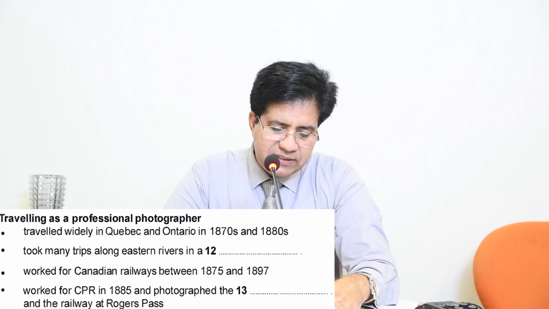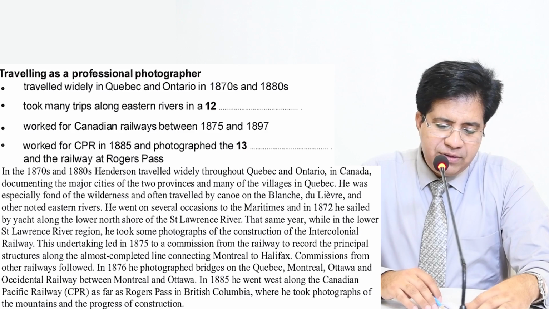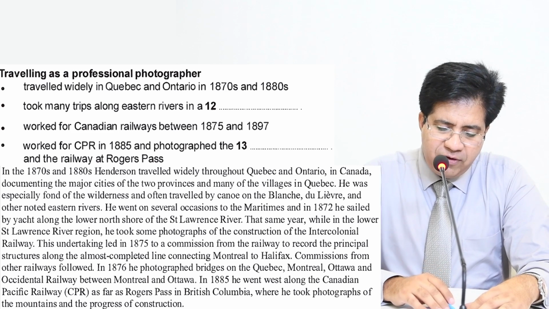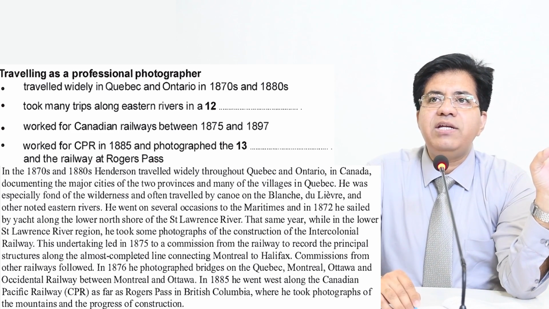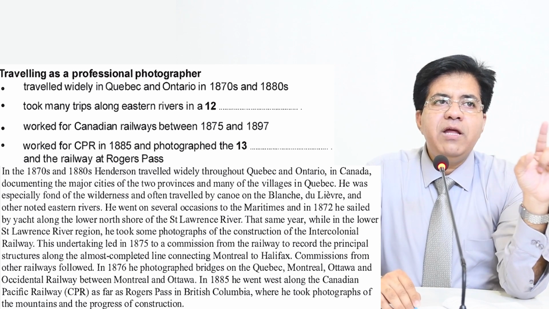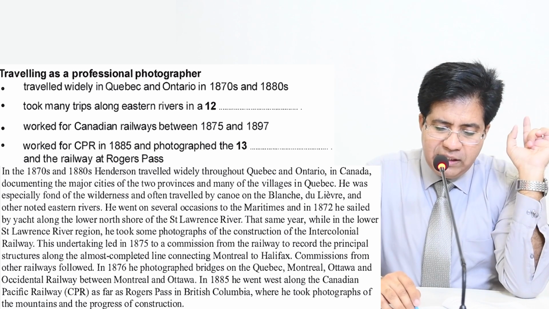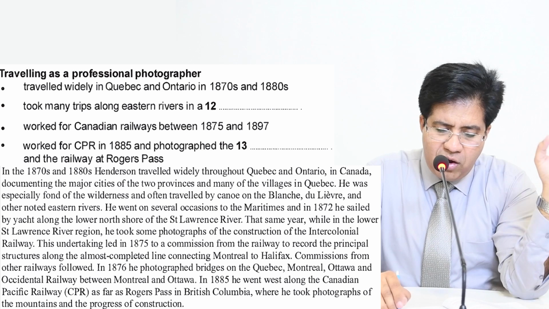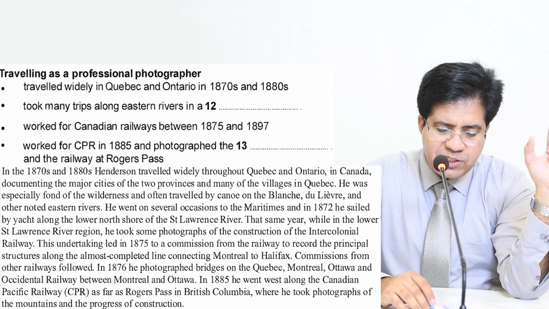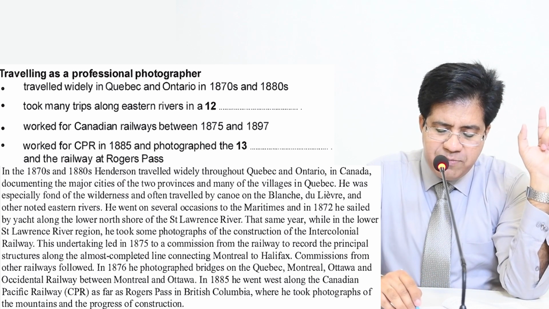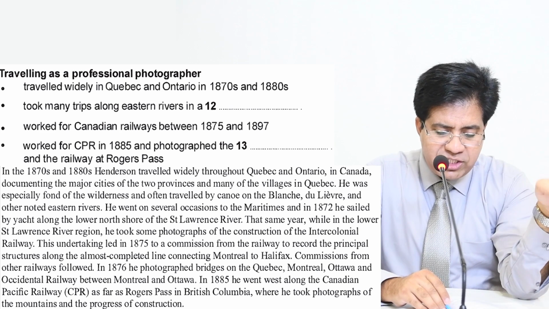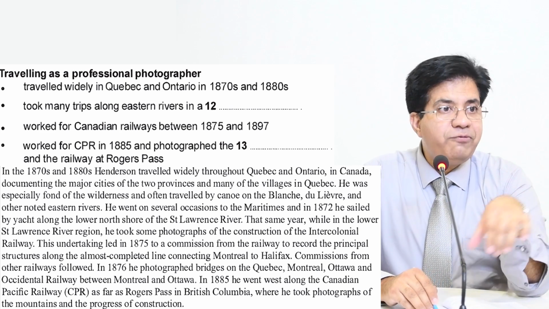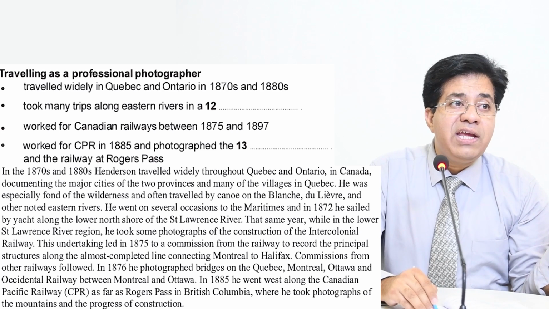Okay, it's the third last paragraph and third last line. We read from there. Let's read it from the third last line. In 1885. Found it? Did everyone find it? Keep an eye on your neighbours too, okay? In 1885, he went west along the Canadian Pacific Railway as far as Rogers Pass in British Columbia, where he took photographs of the mountains and the progress of, and what were they constructing?